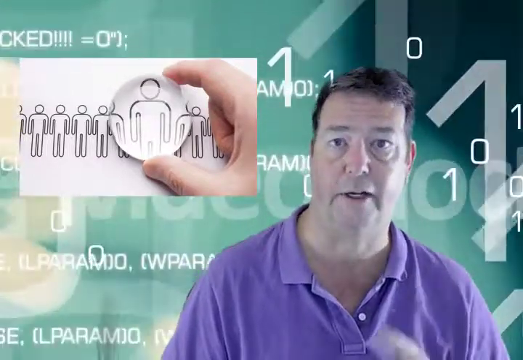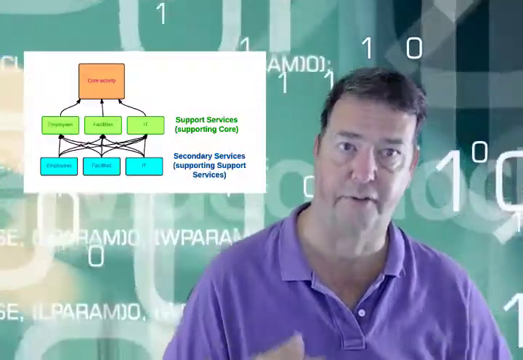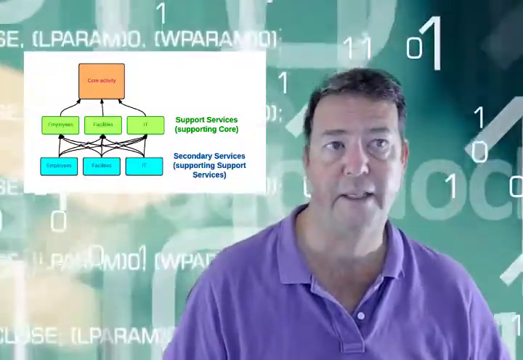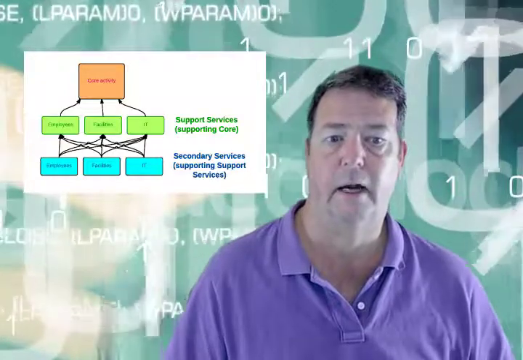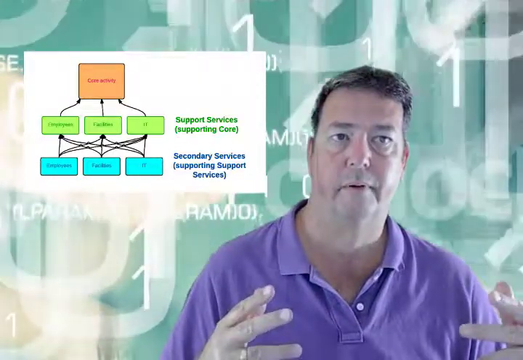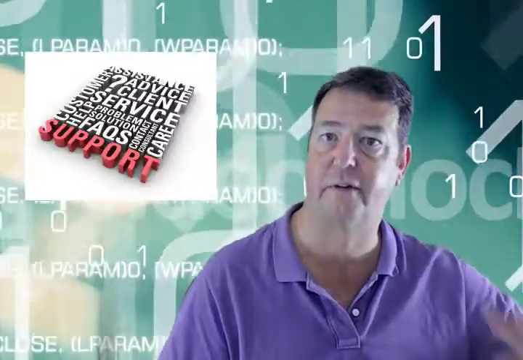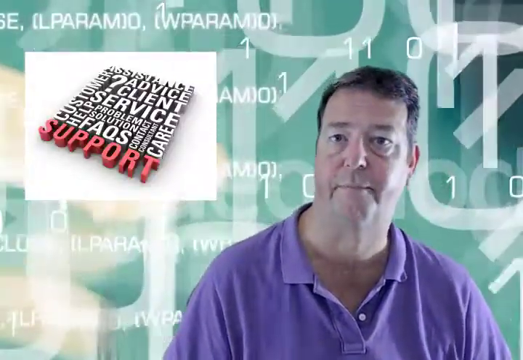A secondary service, a service that supports those other supporting services, would be providing documentation to that organization, to that group. Explaining to that group what the best way of doing things in that group would be. That's a secondary service. That's a supporting service.